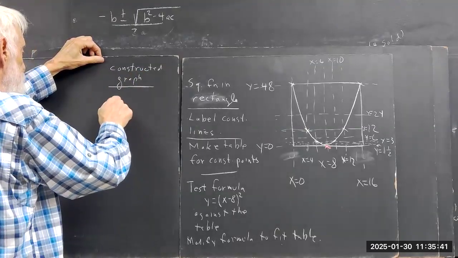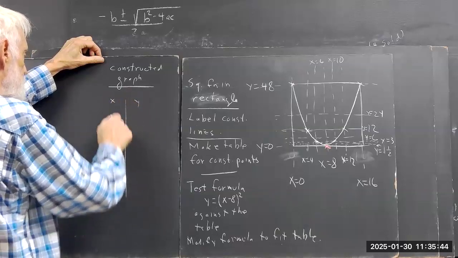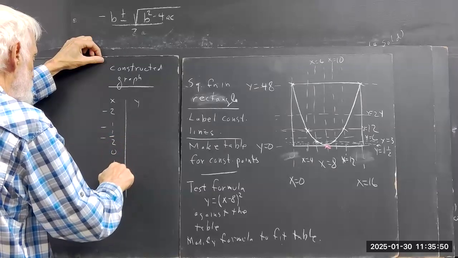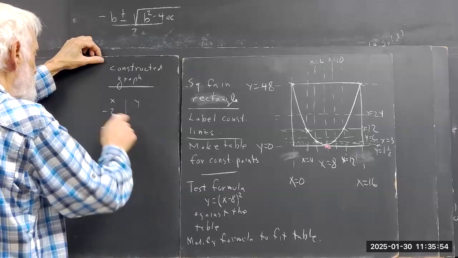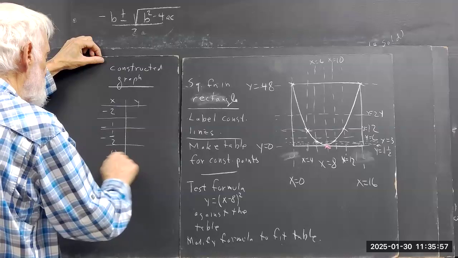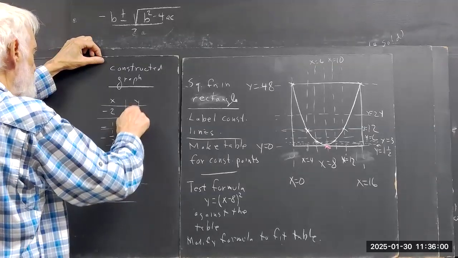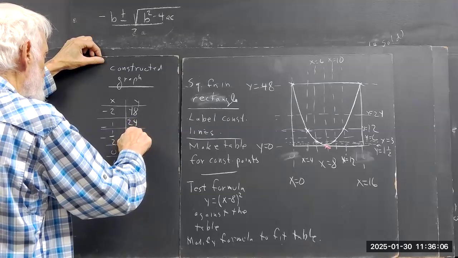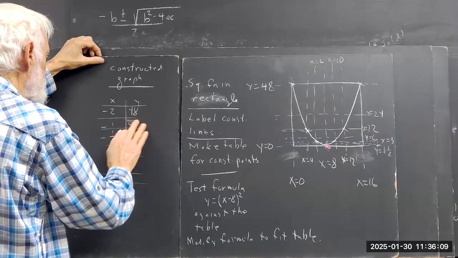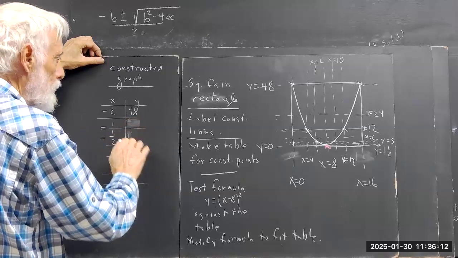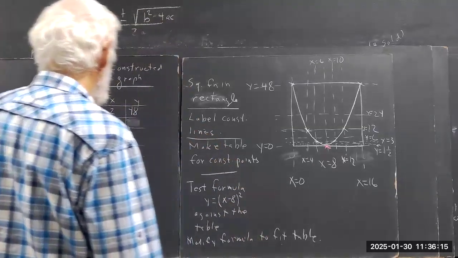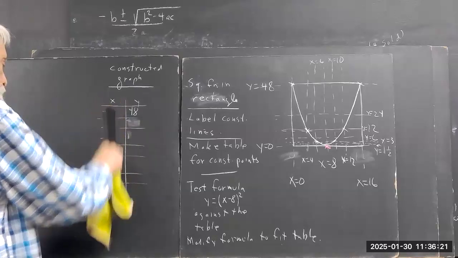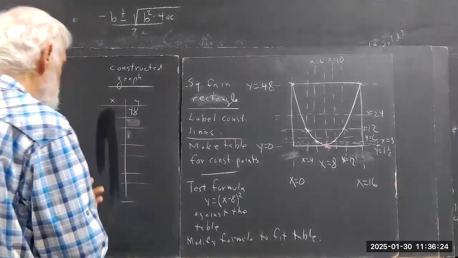Constructed, right? 3, 10, 24. For the first place, our points are not -2 through 2, they're 0 through 16.